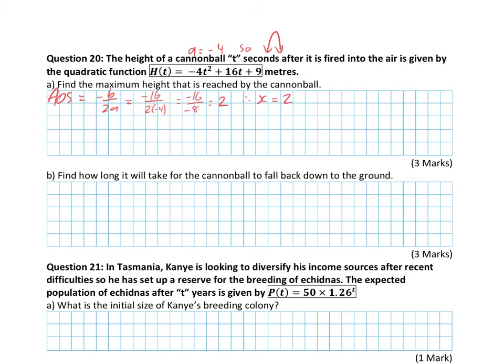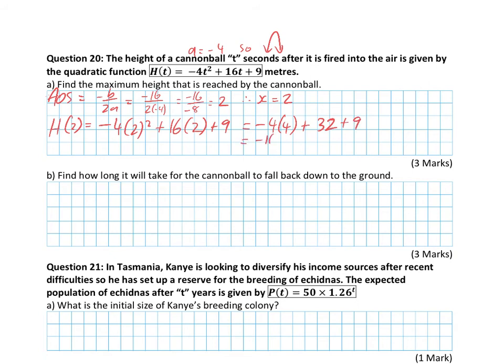That's going to allow us to work out what the height is at the maximum, because the maximum occurs when the time is 2. So height, when x is equal to 2, or the time is equal to 2, is negative 4 times 2 squared plus 16 lots of 2 plus 9. 2 squared is 4, plus 16 times 2 is 32, plus 9.